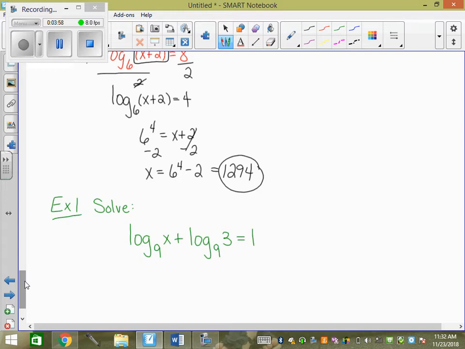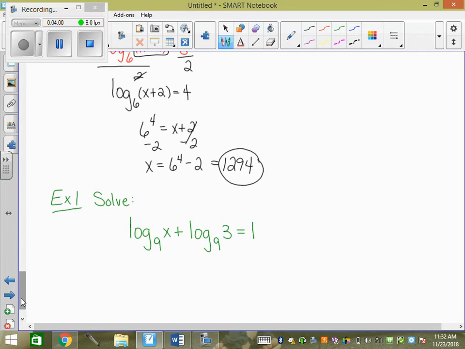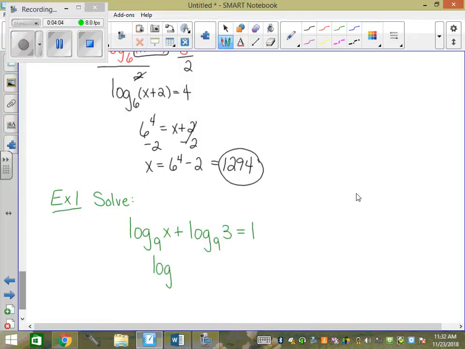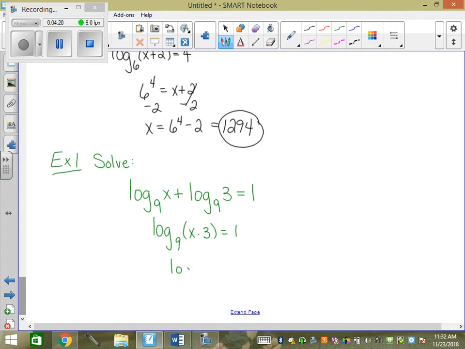Multiply them. Put them together by the multiplication rule. So I can go log base 9 of x times 3 equals 1. And then I have log base 9 of 3x equals 1.